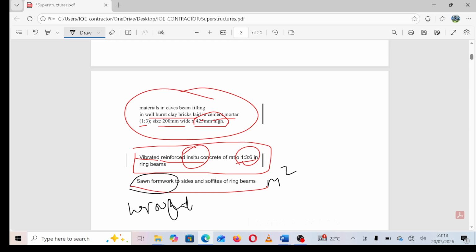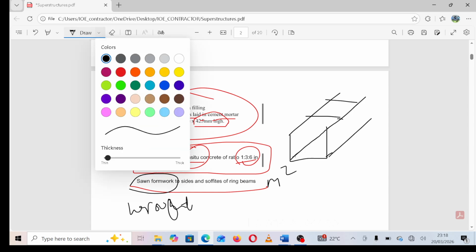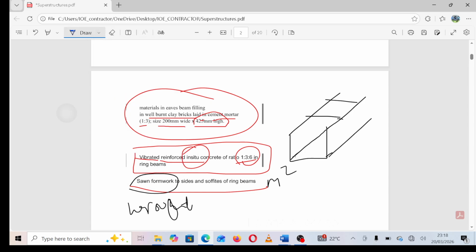Now, if you're having formwork like this, the closest sketch I can have, where you're having some braces here. So formwork to the sides, this is the sides, and usually consider the length and the height.